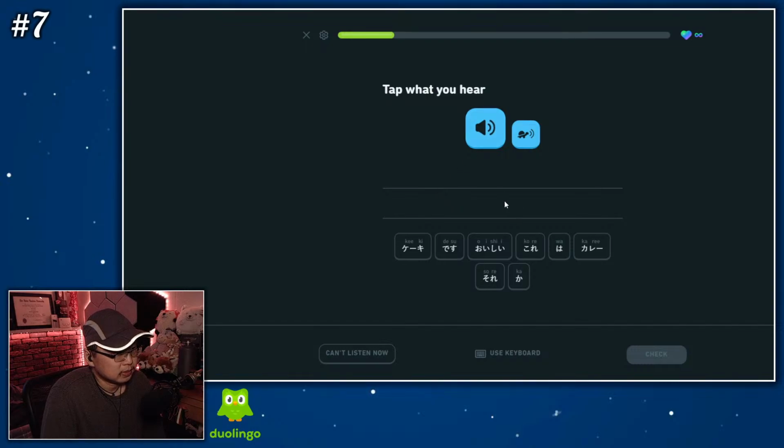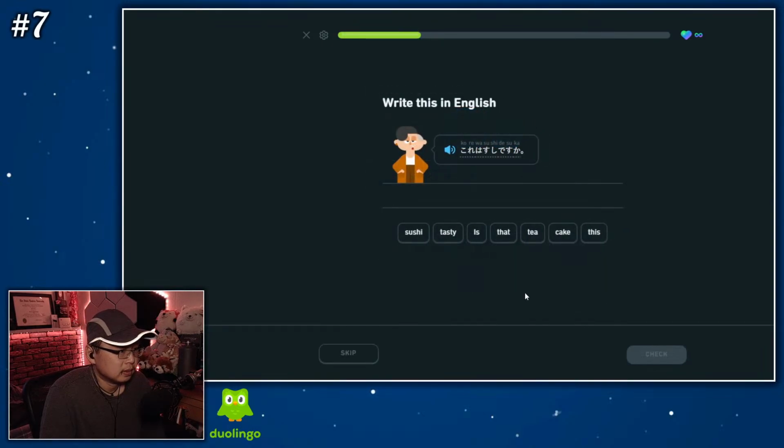それはカレーです。これは寿司ですか？これは寿司だ。Okay. This is sushi.